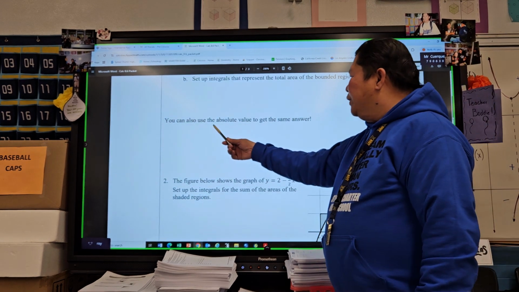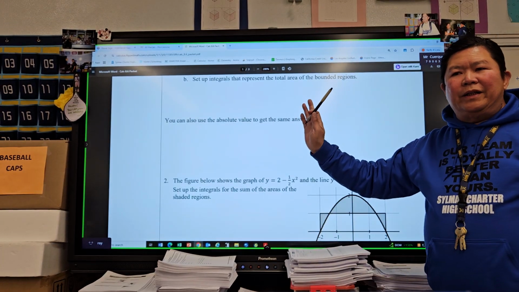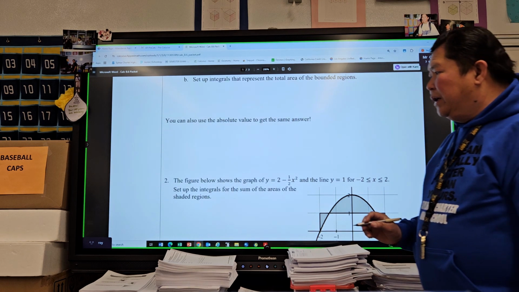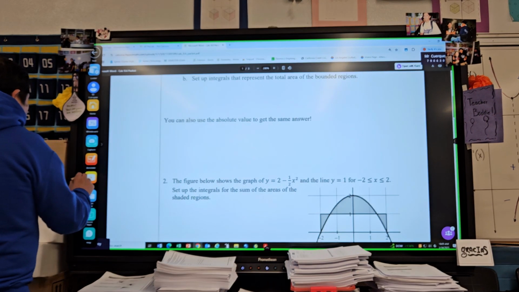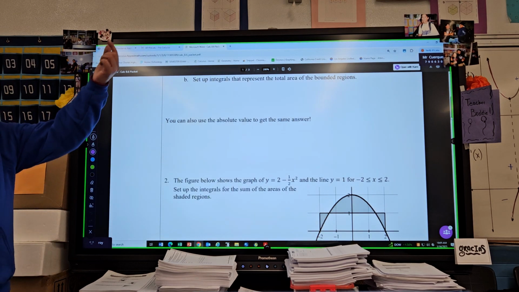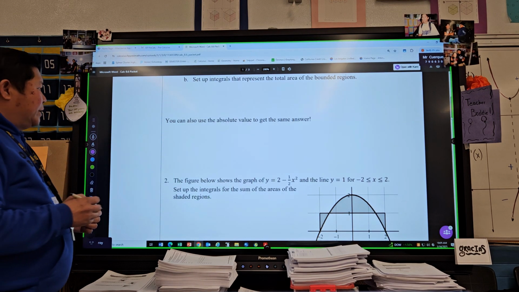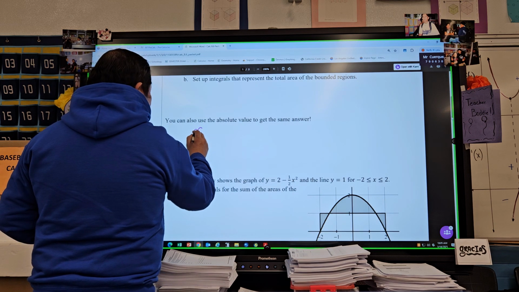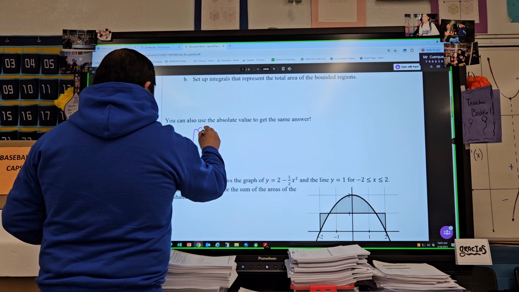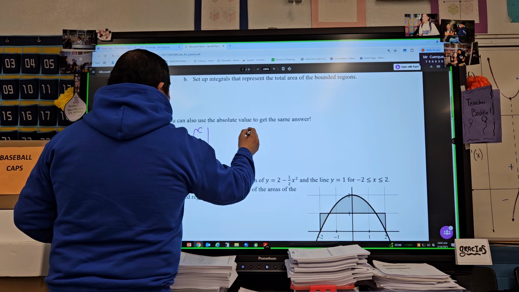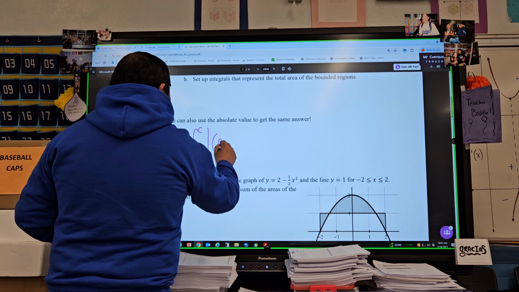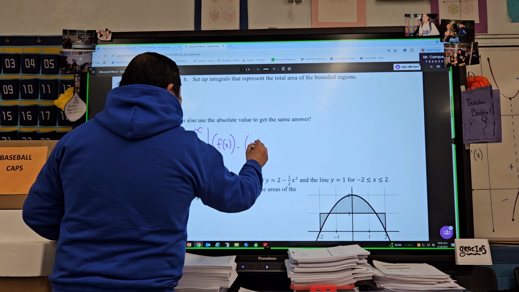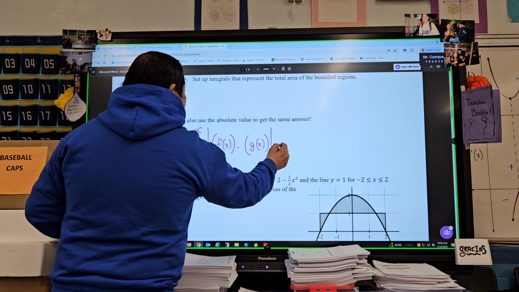So, you can also use the absolute value. Hey guys, listen now. You can also use the absolute value to get the same answer. So, doing absolute value, as I said, we can cancel letter P, right? Okay, so we say the absolute value now from A to C is the absolute value of f of x minus g of x dx.